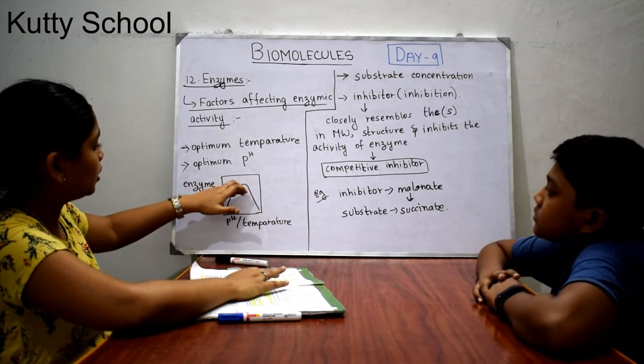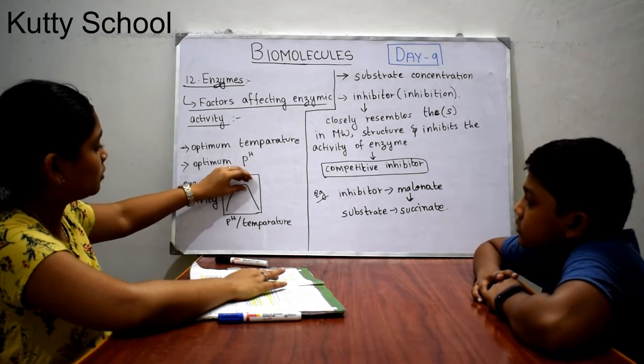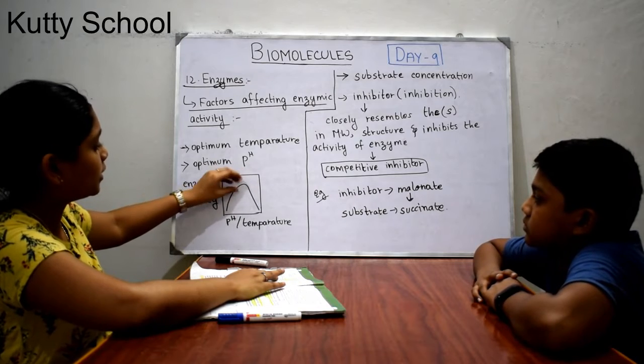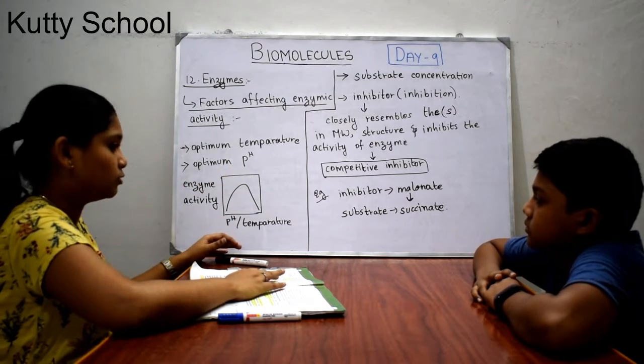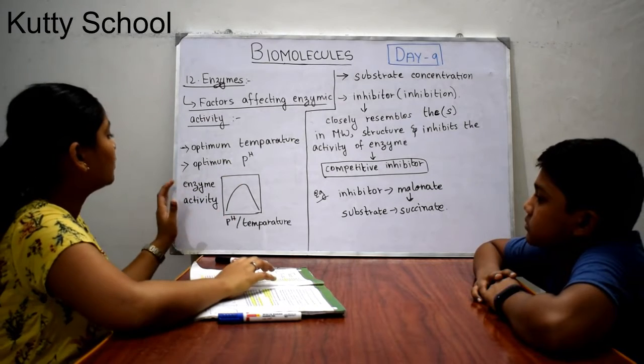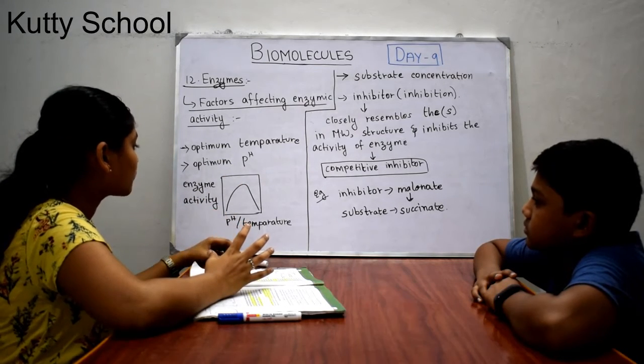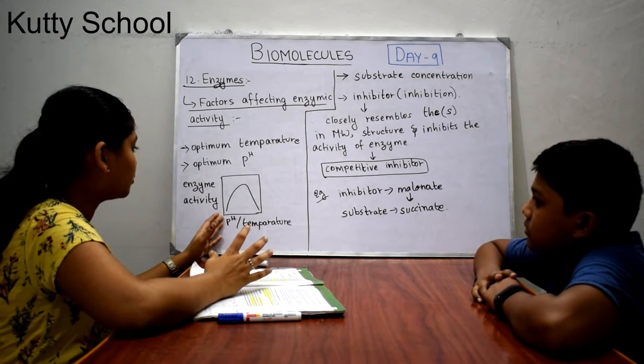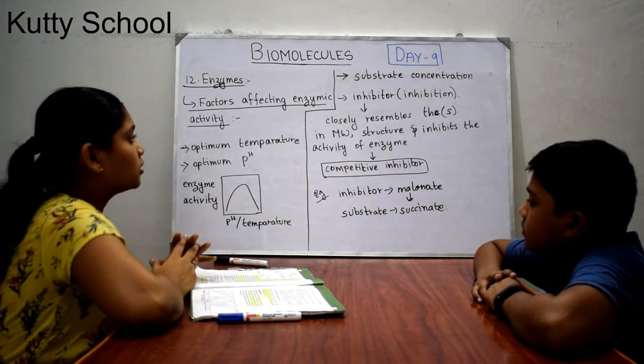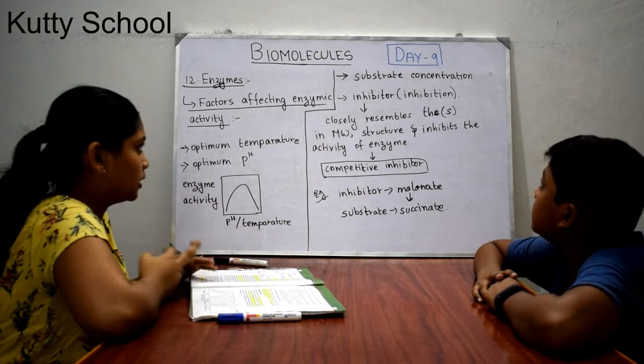It should be a medium between neutral, a little bit acidic and a little bit basic. Then only the enzyme activity will be useful, so it can produce a large number of products.